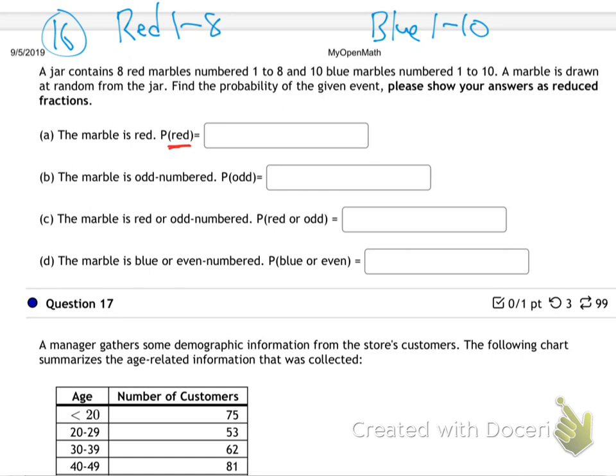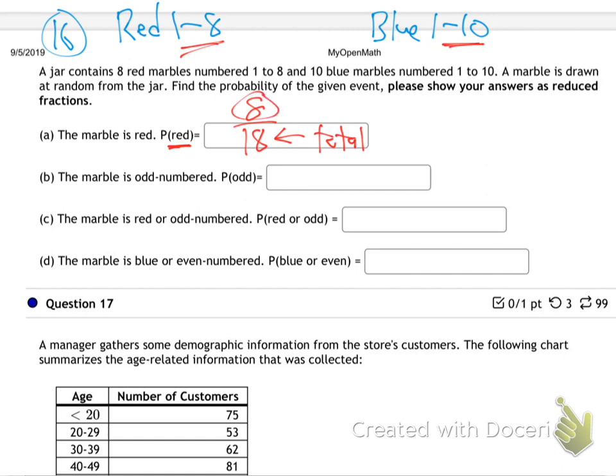If you have this jar full of these 8 red marbles and 10 blue marbles, and you reach in at random, blindfolded, and you grab out, what's the probability you're going to get a red marble? So 8 out of 18, because there's 18 total marbles. 10 blue, 8 red. 18 total marbles, 8 of them being red.